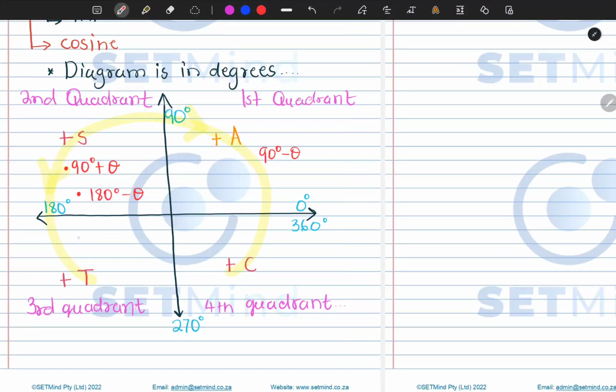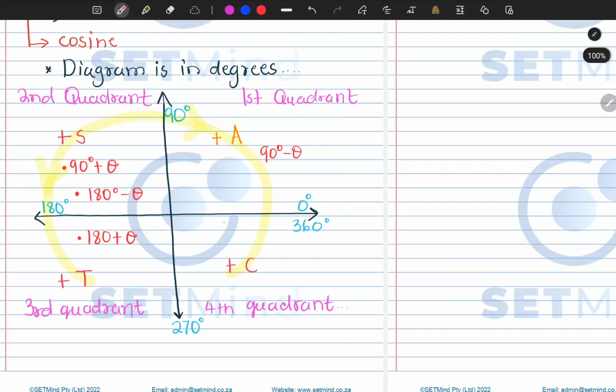When we're speaking of the third quadrant, whenever we see 180 plus theta, you should by default know that we are speaking of the third quadrant. Others would use 270 minus theta, but I prefer not to.